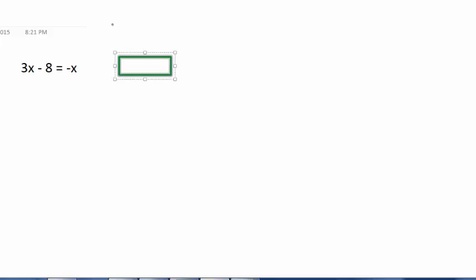So 1, 2 and 3, and don't forget to mention the sign to make sure that you understand that this is 3 positive x. Minus 8, I cannot introduce the minus, so negative 8, that means I need to use the red color but with 8 squares.